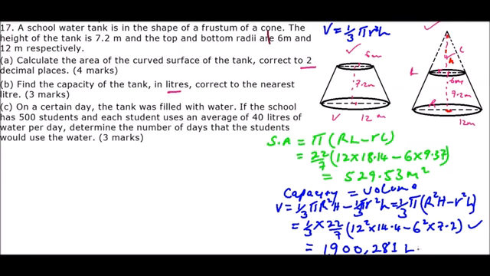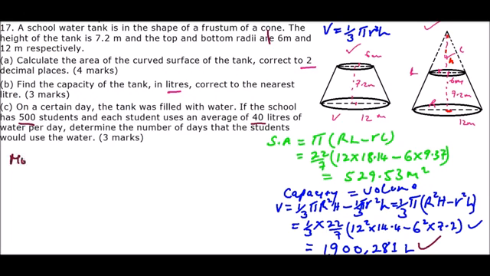Now that we have the volume of the tank, and we are told that there are 500 students, each using 40 liters a day, we will divide the capacity of the tank by the number of liters used by the 500 students in a day.